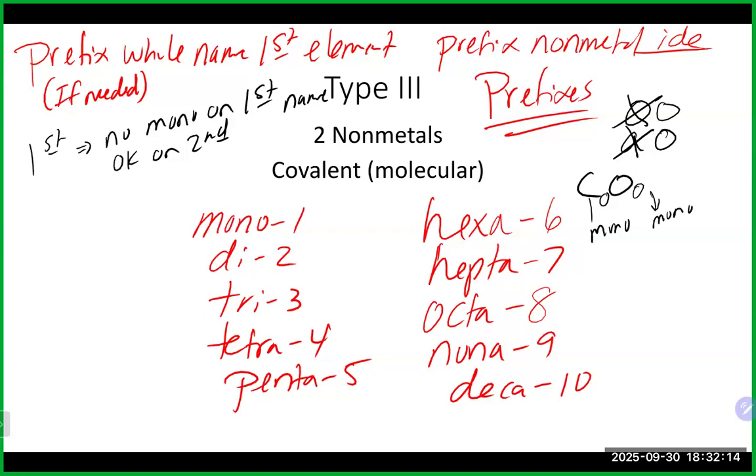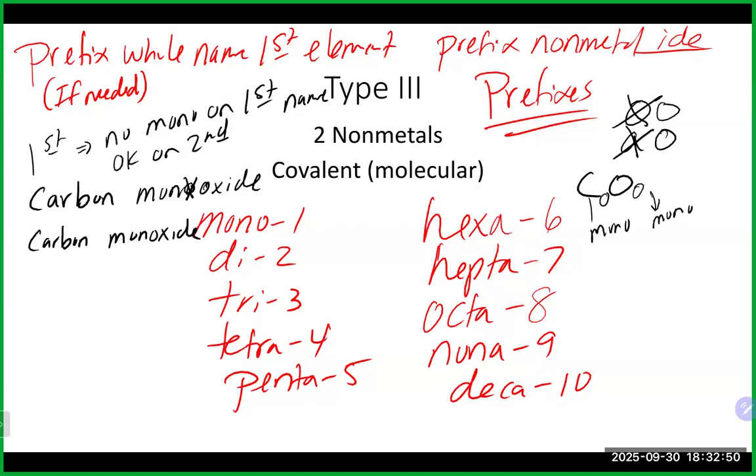Again, here we are not going to use mono on the first name, so we'll go with just the whole name of the first element. We can use mono on the second name, and our second element ends with the IDE, but we do not usually call this carbon monooxide, right? We call it carbon monoxide, and that is because we dropped the O off of the prefix. So this is carbon monoxide in this particular case.